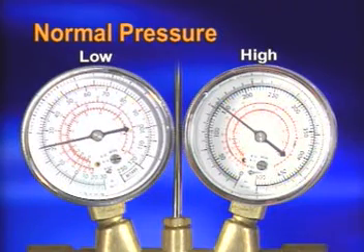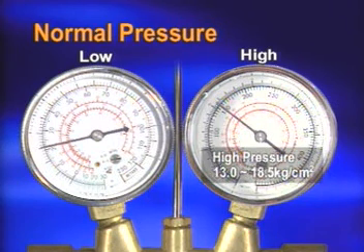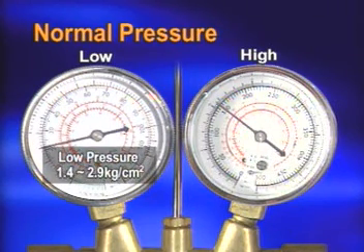When the ambient temperature is 25 degrees centigrade, it is normal if the high pressure gauge is at 13.0 to 18.5 kilograms per square centimeter, and low pressure gauge is at 1.4 to 2.9 kilograms per square centimeter.